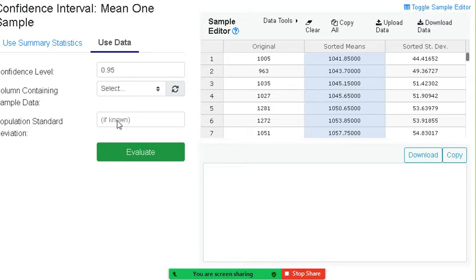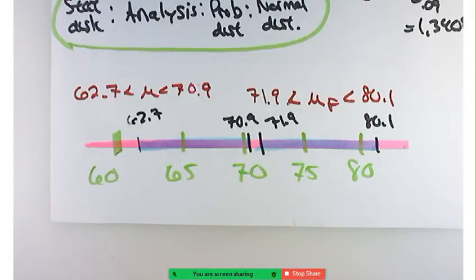Will we ever be putting in something here for population standard deviation? No. It's just not a realistic possibility that you would somehow know the standard deviation and not know the mean. Cool. Let's keep going.